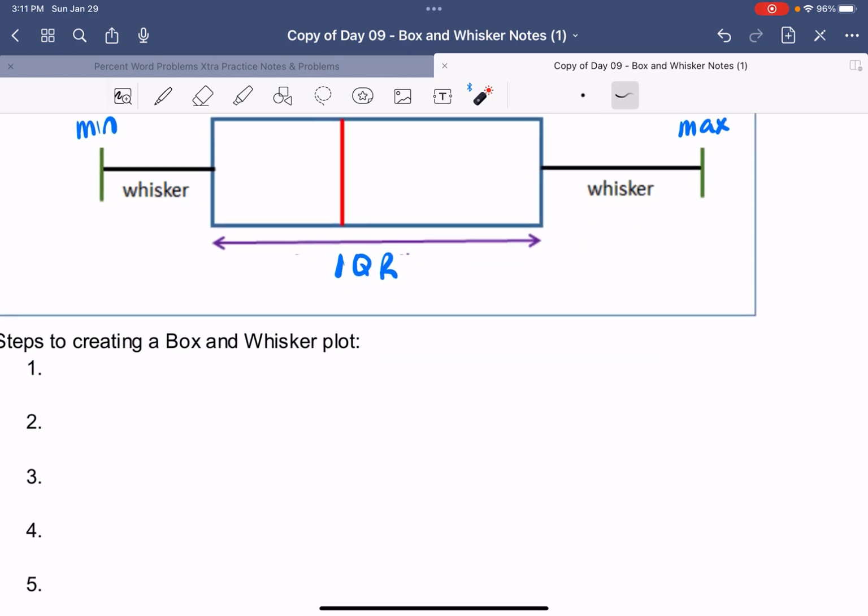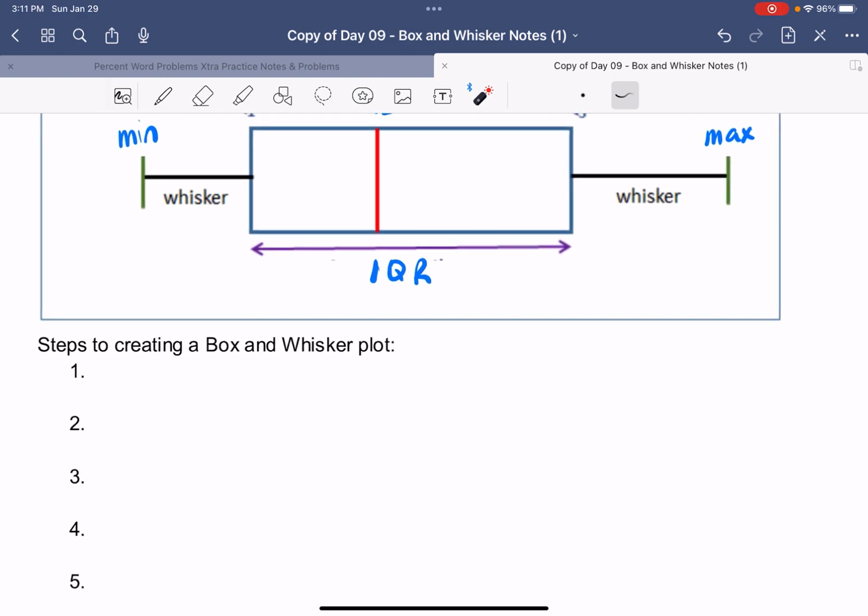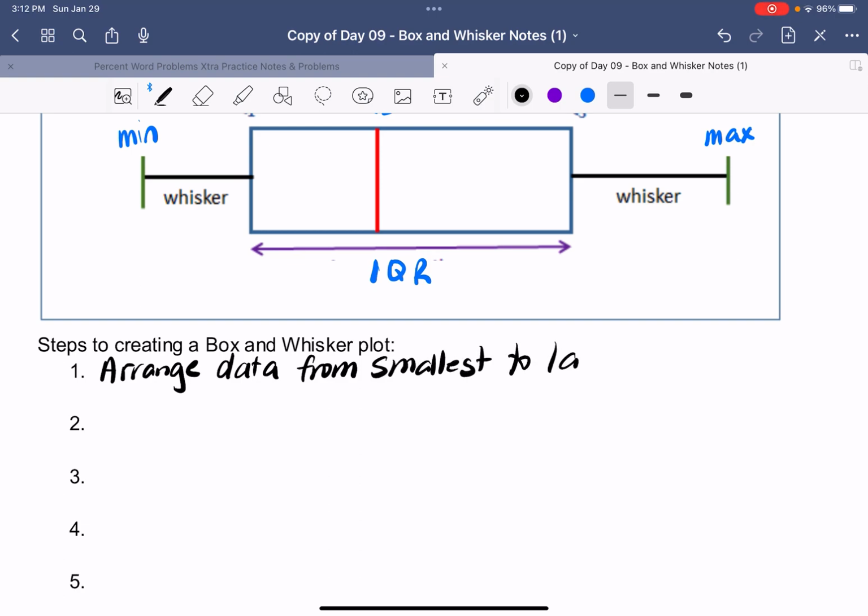Okay, so what do you do to create a box and whisker plot? Well, to start, you are going to arrange data from smallest to largest every single time. Make sure you do that first.